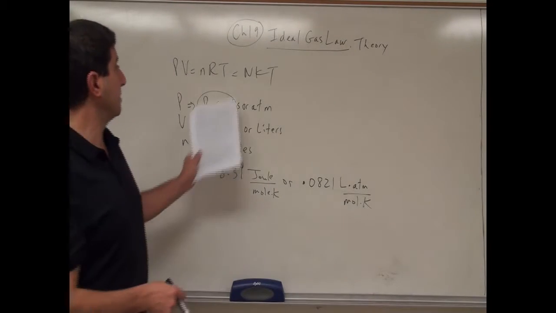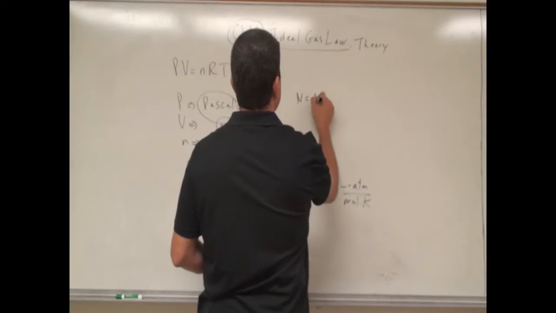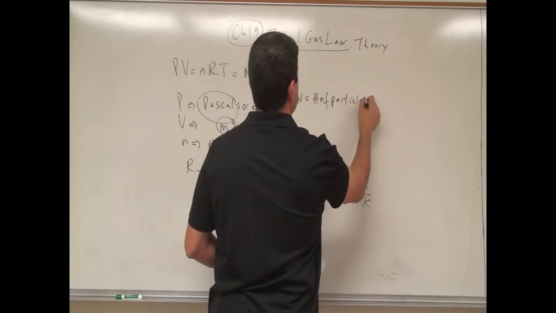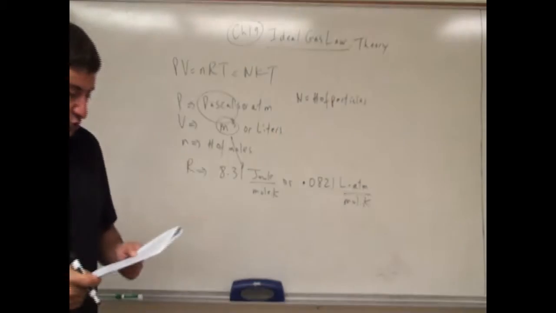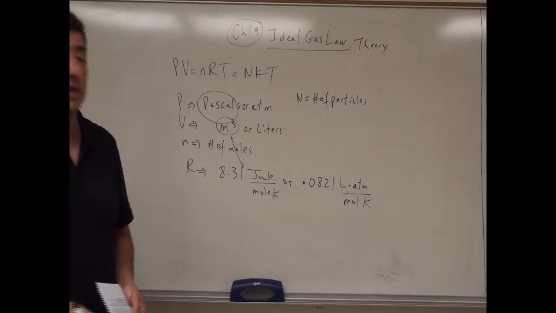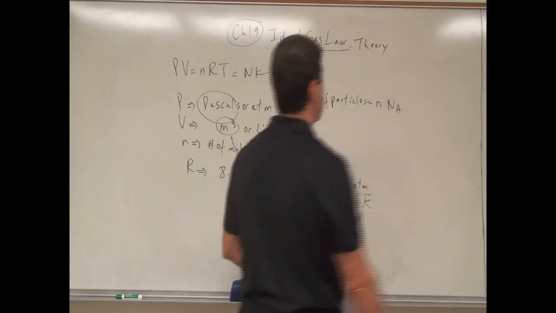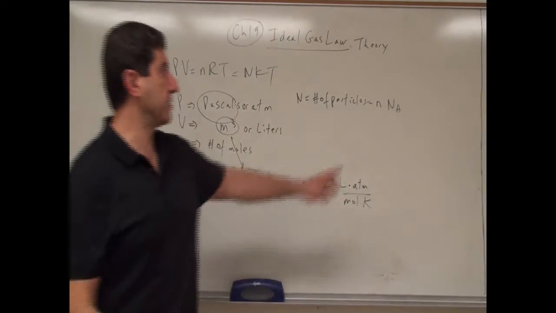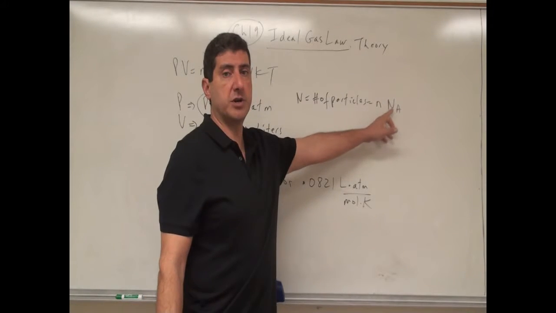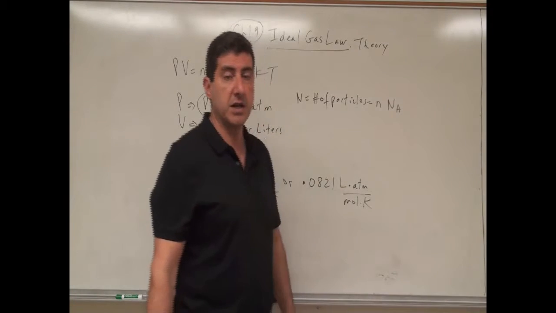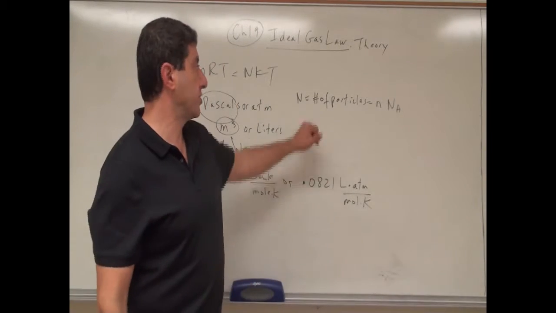And then N, the big N, is the number of particles in the gas, which is equal to what? It's going to be equal to the number of moles times Avogadro's number, right? Because Avogadro's number tells you how many particles there are in each mole of the gas. If we multiply that by the number of moles, we get the number of particles.